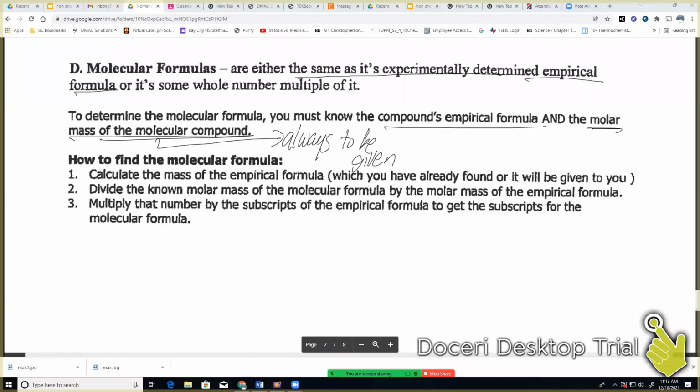If we knew the formula of the compound to figure its molar mass, we wouldn't have to be doing all of that. The molar mass of the whole compound either is greater than or equal to the molar mass of the empirical.